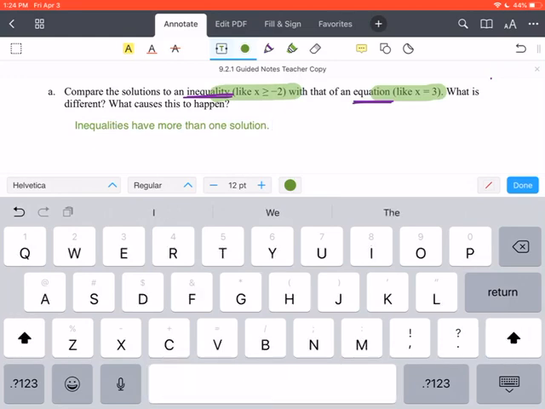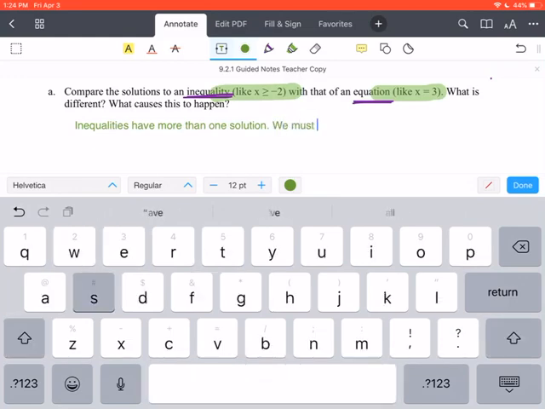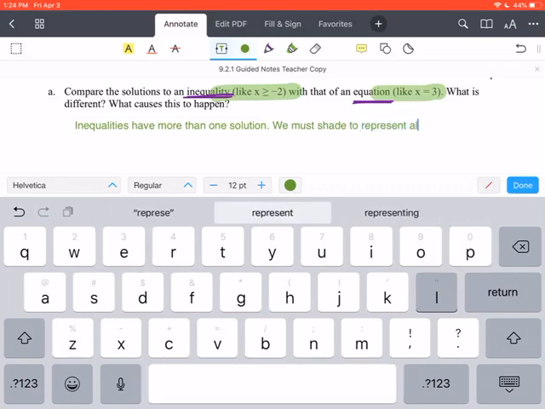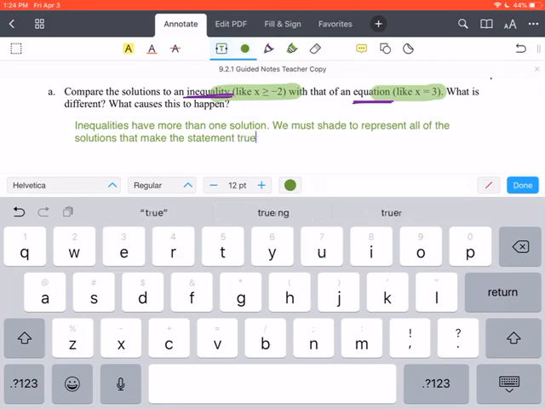Because we have more than one solution, we must shade to represent all of the solutions that make the statement true. There's kind of no way around it. We would be sitting there forever putting points on values of x that would make it true.